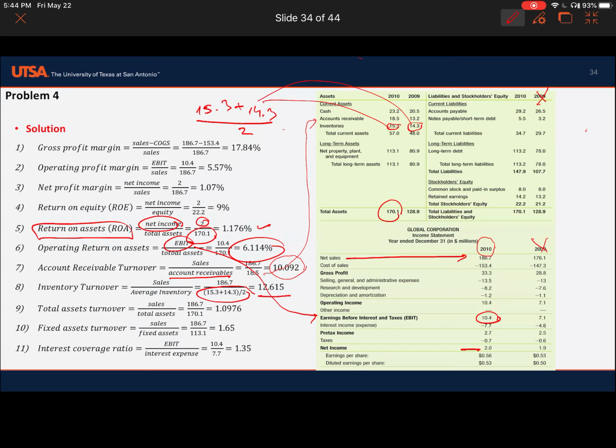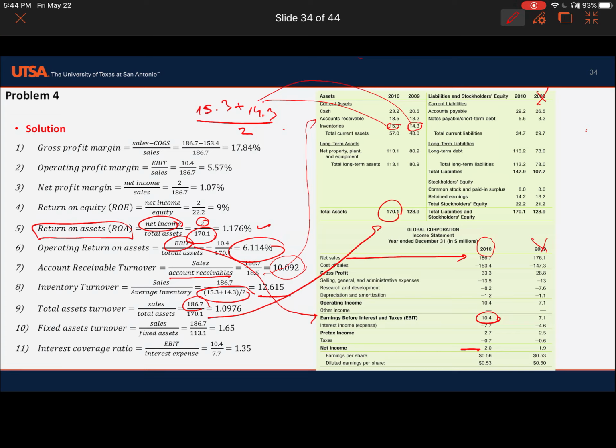Total assets turnover: sales over total assets, sales in the income statement and total assets in the balance sheet. As you see, total assets is 170.1 and sales is 186.7, and the total asset turnover is 1.09. Fixed asset turnover: sales over fixed assets.